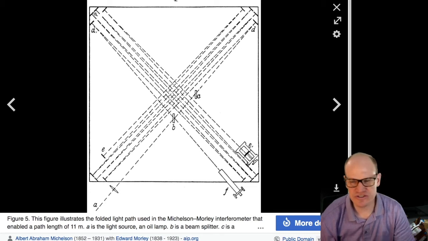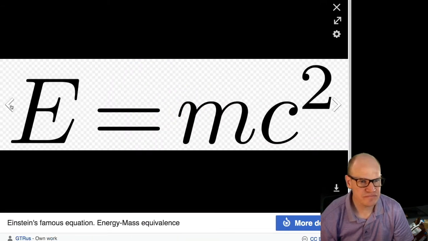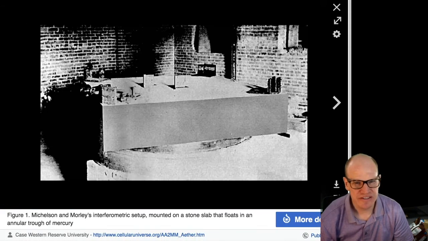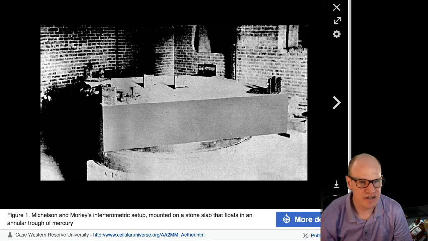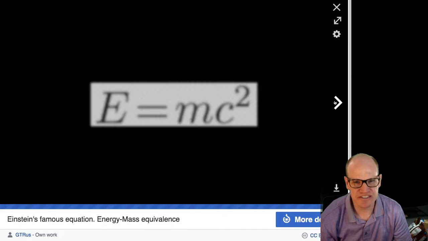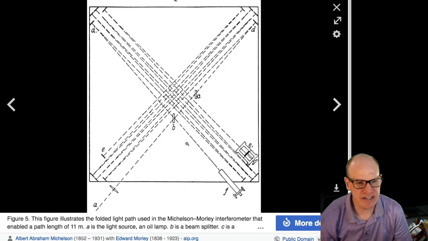And then those things on the corners, where is it? Right here. These things on the corners are a series of mirrors that are pointed back towards the center. So the light will bounce off of one, back and forth, back and forth, and then get recombined.